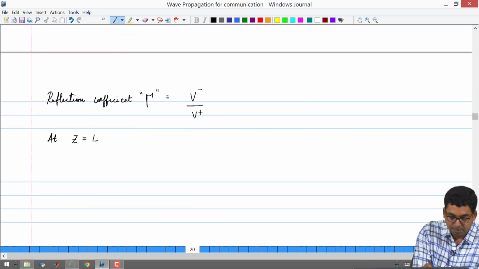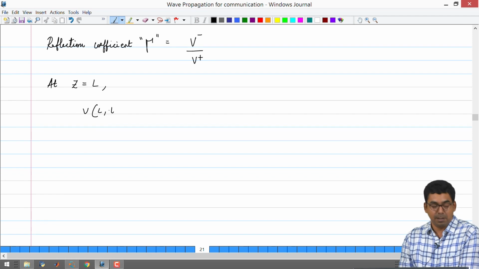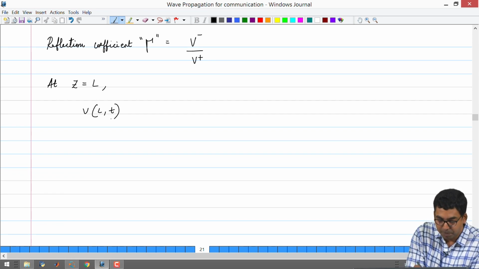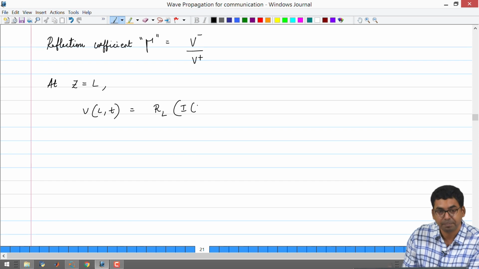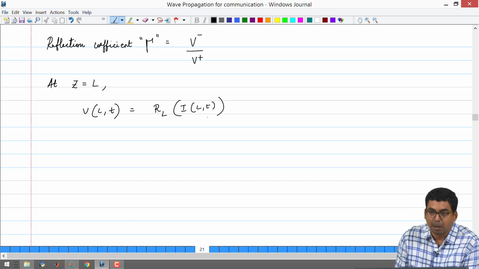So, at Z equal to L, I can write down the voltage at position L comma T, or V of Z comma T with Z equal to L, is going to be equal to, by Ohm's law, RL times I of L comma T. At the load end, I am just applying Ohm's law. The voltage is equal to current times the resistance at the load.